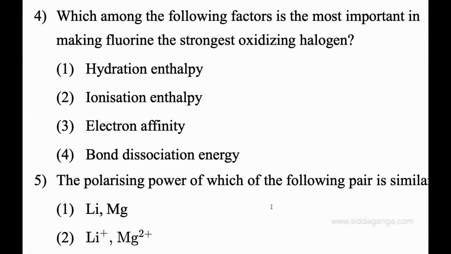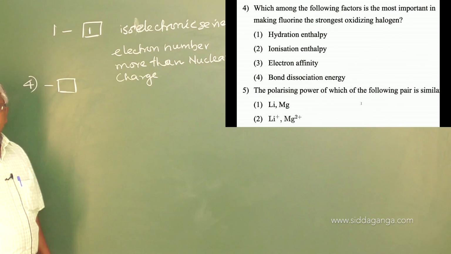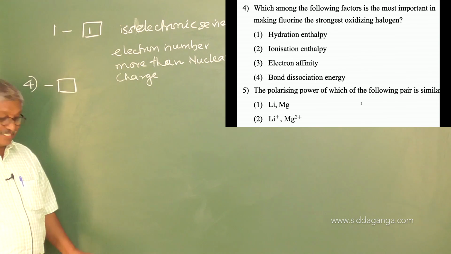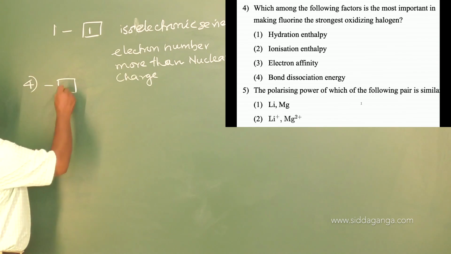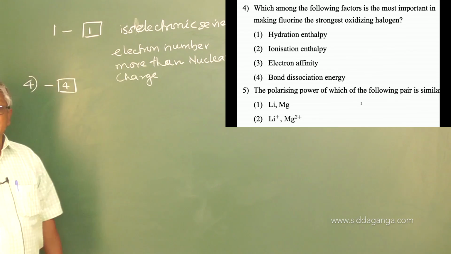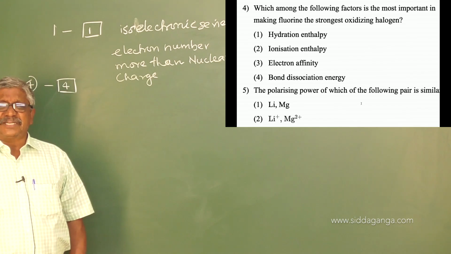The fourth question is, which among the following factors is the most important in making fluorine the strongest oxidizing halogen? According to SRP value, standard reduction potential value, fluorine is the strongest oxidizing agent because its bond dissociation energy is less. If bond dissociation energy is less, that is always a strong oxidizing agent.